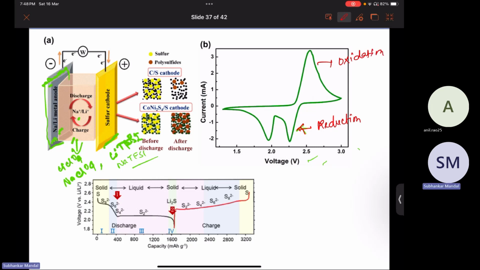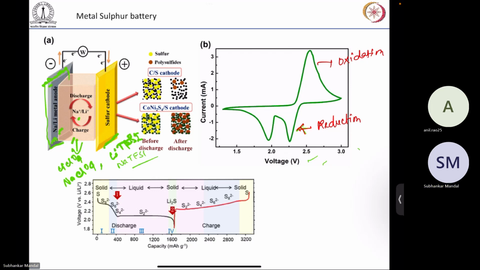Okay. In the lithium ion battery, intercalation and deintercalation happen. So basically, I can write lithium ion: intercalation and deintercalation.